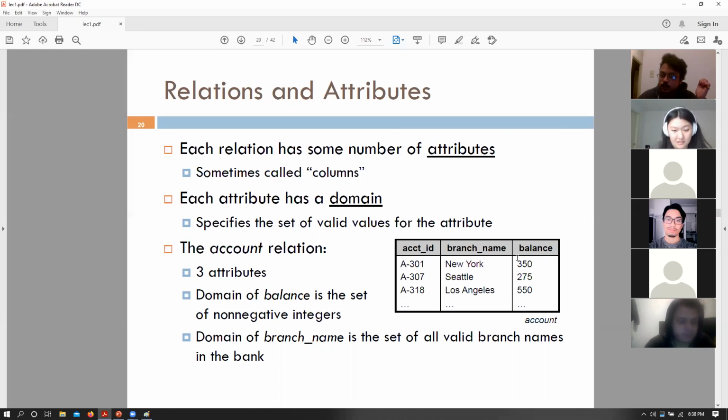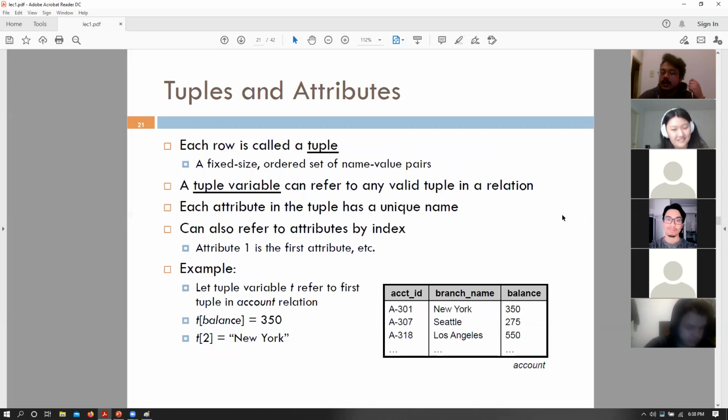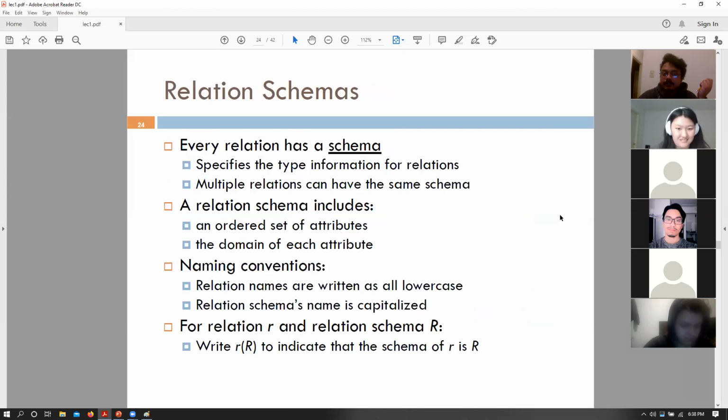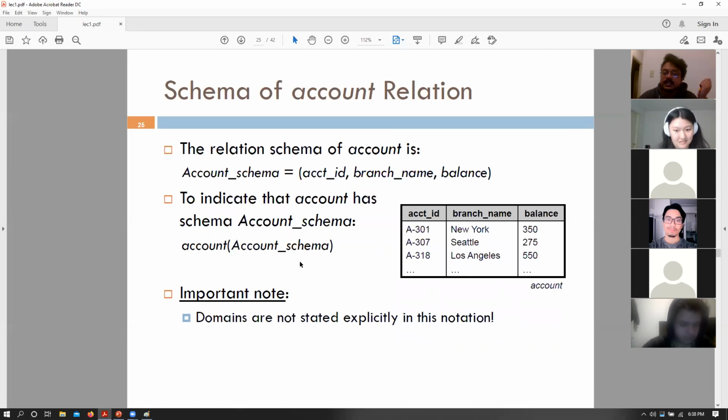All of these tuples together make up a relation, or a table. So account is a relation or a table. And when we are talking about schemas, we are saying that the account table follows this schema, with the schema basically explaining what the different attributes of this particular table are, just the names of those attributes. Okay, make sense?